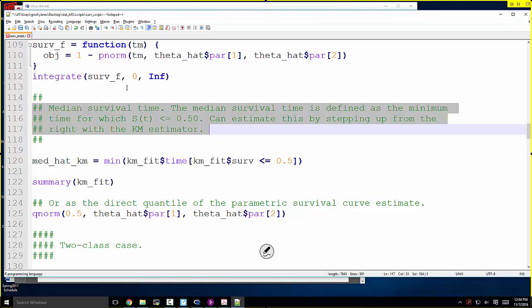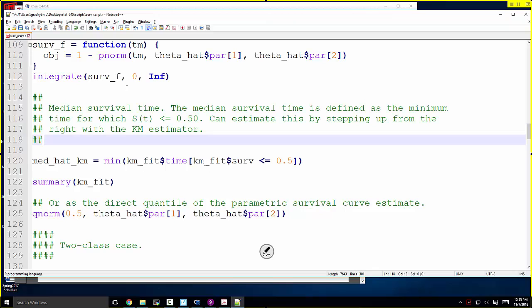The survival curve drops down from 1 to 0 with an S-shaped pattern. So we're looking at where is the first time that it has dropped to or below 0.5. Median survival time, according to our fitted model.